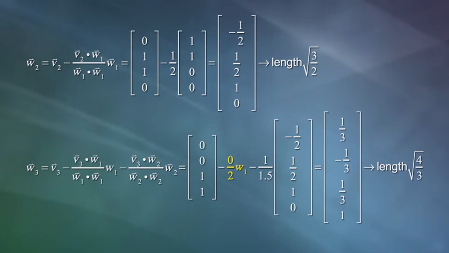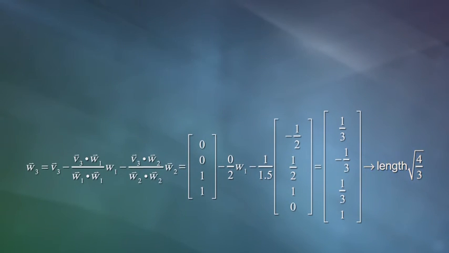So there is no component of V3 in the W1 direction. The second term is 1 over 1.5 times the vector W2. You'll find that W3 is 1/3 times minus 1, 1, 1, 3, and it has length the square root of 4/3.